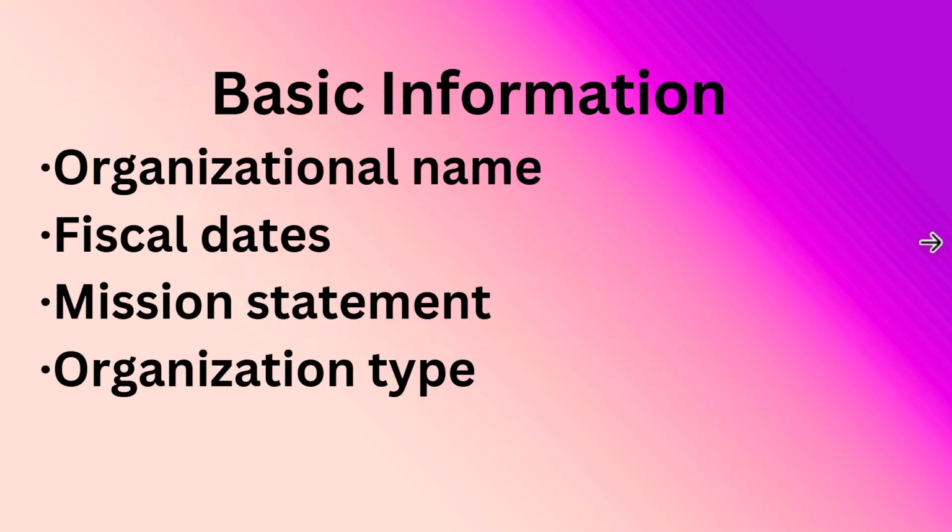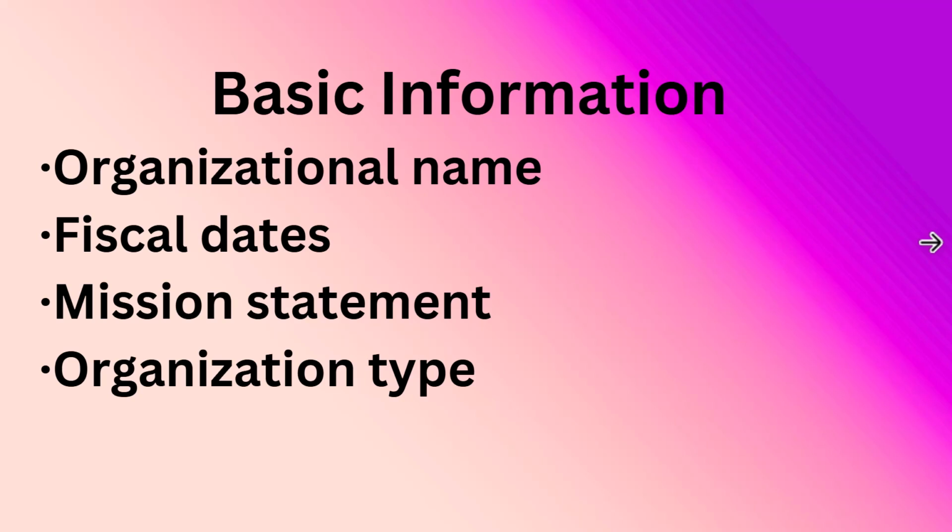Okay, so you'll need some basic information. Of course, your organizational name, your legal name, your fiscal date. So if you are on a calendar year, your fiscal date will be January 1st through December 31st.